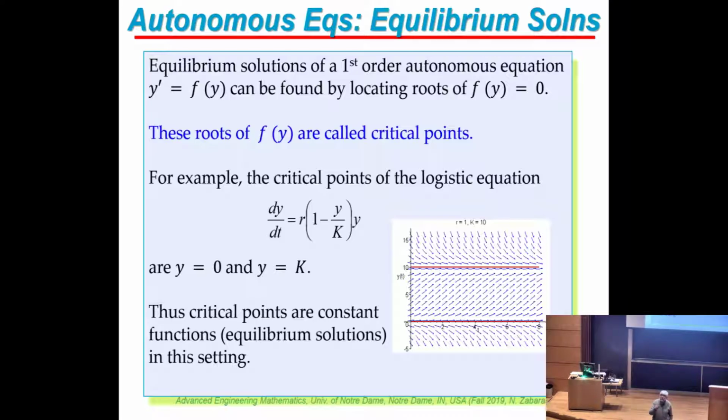So how will you differentiate f as a function of y? You will have f times, it's the chain rule. How will you do the chain rule to calculate the second derivative? You see that? Basically, you have the derivative of f times f itself to give you the curvature of y of t.